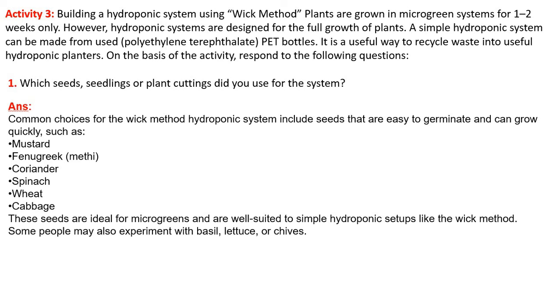These seeds are ideal for microgreens and are well suited to simple hydroponic setups like the wick method. Some people may also experiment with basil, lettuce or chives.